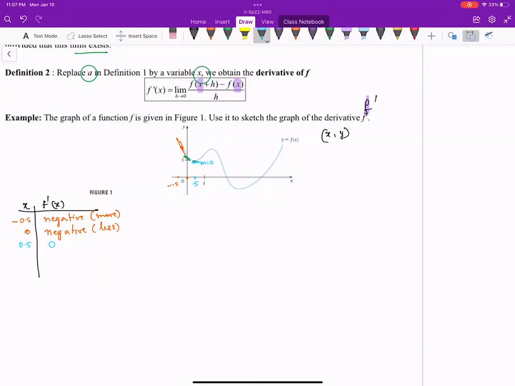Then the slope actually increases, right? It increases between 0.5 and slightly more than 1 even. So at 1.2, if I consider it, I get a positive slope. So somewhere here, I get a positive slope.